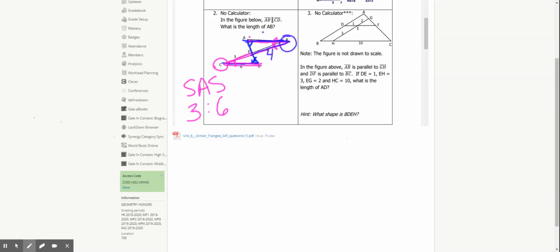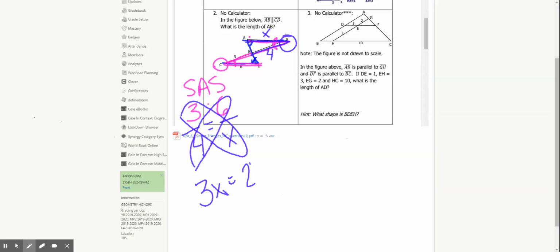So 4 goes with X. So if I do 3 and 6, I do 4 and X. Set those equal. So 3X is going to equal 24. And what is the side length of AB? That answers my question. Solve that proportion, and you should be good.